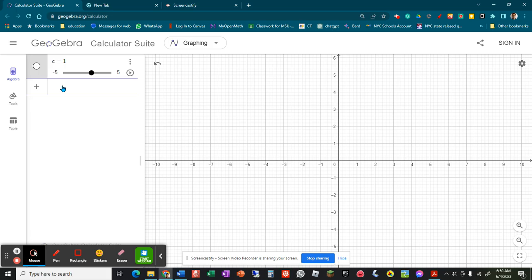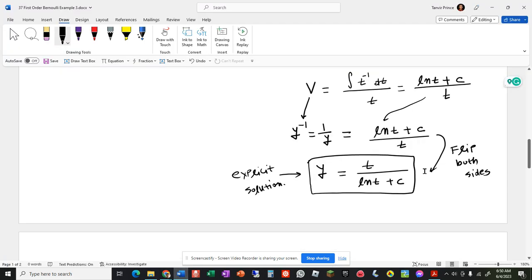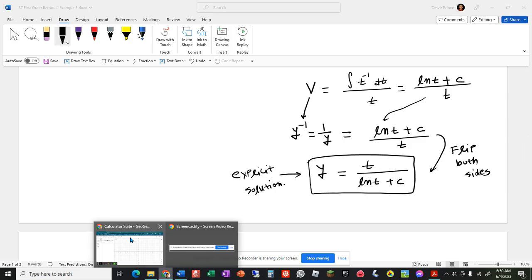And I'm just going to enter the function. Instead of t, I'm going to use x because GeoGebra understands x better than t. So remember, the solution is, let's check, it's t over ln of t plus c. I will enter x over ln of x plus c. It doesn't matter. The graph will be the same. So let's do that.